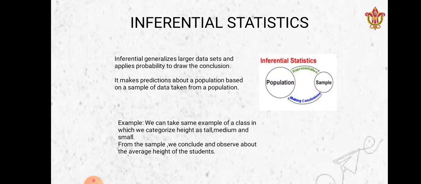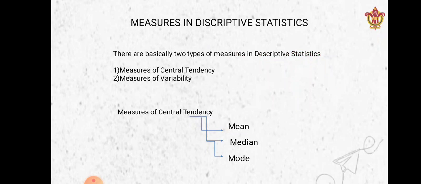So in inferential statistics, first we extract a sample from the population, and on this sample we make predictions. Okay. So on the criteria of prediction, ultimately we get the conclusions.